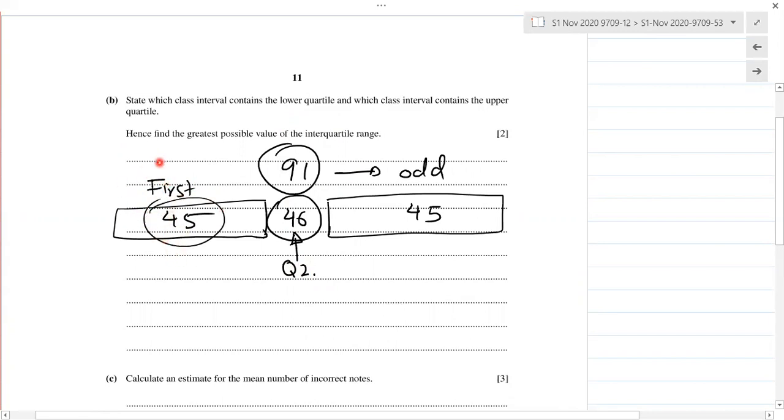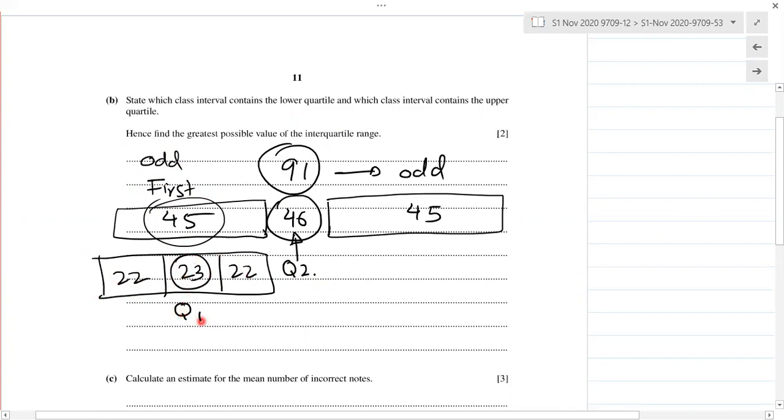Now 45 is also an odd number. If we divide 45 further, we get 22 values over here, 22 values over here, and the 23rd value will be our Q1. So Q1 is going to be our 23rd value.